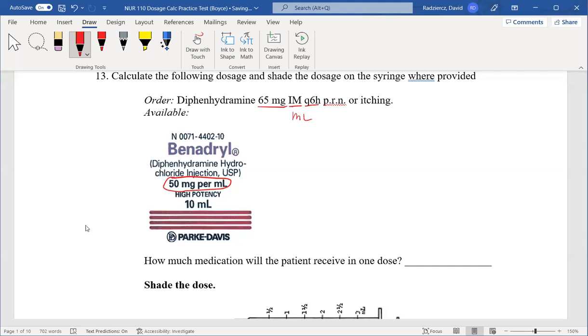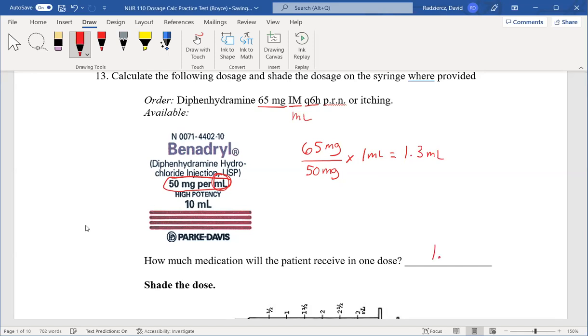This is the other clue, that it says milliliters in the strength or the concentration. So I'm going to take my order of 65 milligrams and divide by my available 50 milligrams times my quantity, which is 1 milliliter. 65 divided by 50 is 1.3 milliliters.